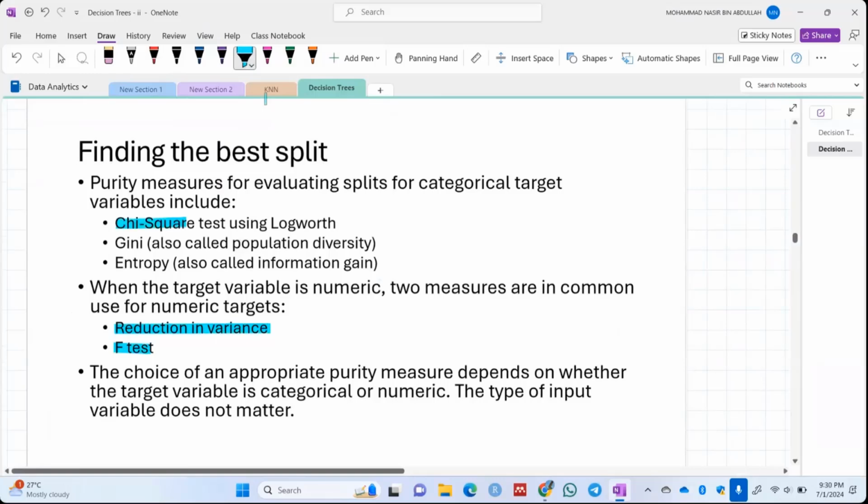First is the chi-squared test with log-word measures. Another one is the Gini index, also known as population diversity. And the last one is entropy, also known as information gain. Basically all of these measure the purity of the class, right?